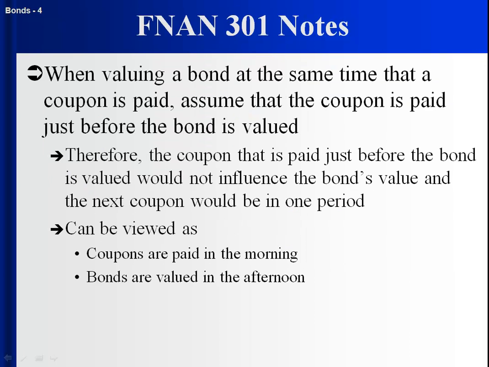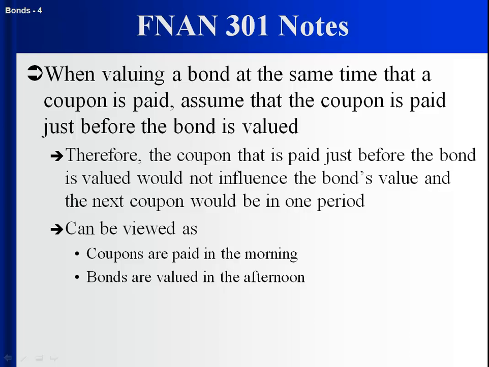Another note, suppose we're valuing the bond at the same time that a coupon's paid. That's going to happen a lot, because if the next coupon's in 6 months, then there was a coupon today. One of the questions that could come up is, do I count the coupon or not? We don't. We're always going to assume the next coupon is in one period.